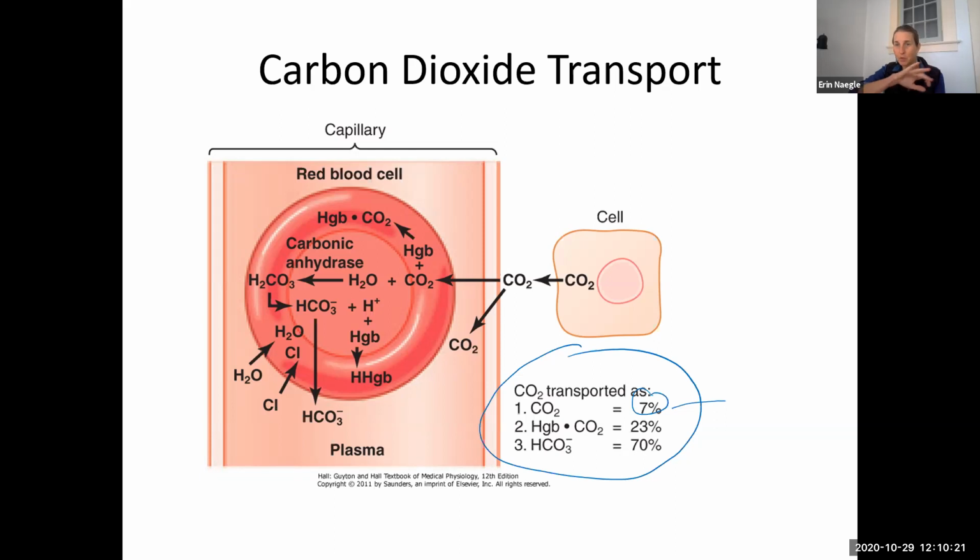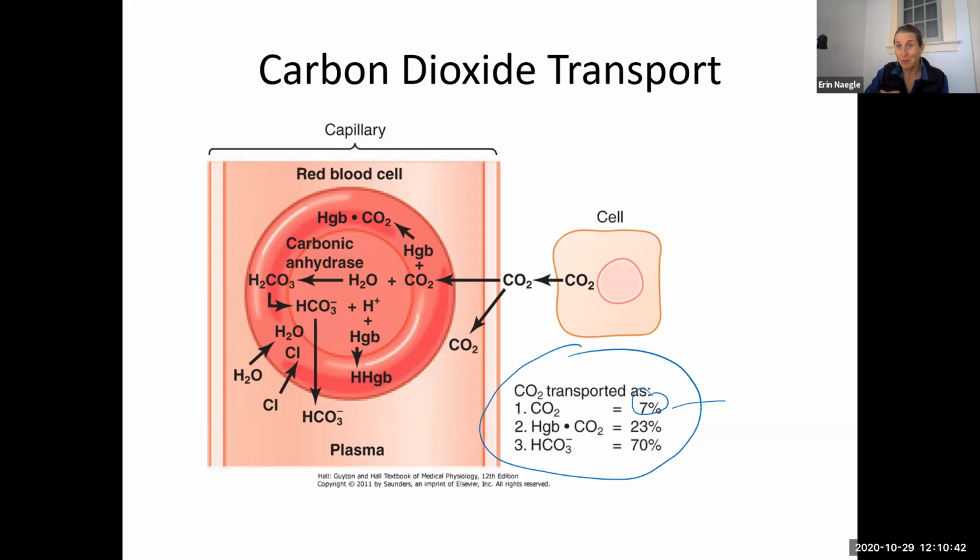So remember that shift that we saw in the unloading of oxygen from hemoglobin: as carbon dioxide levels increase, oxygen is not as tightly bound to hemoglobin and jumps ship more easily.